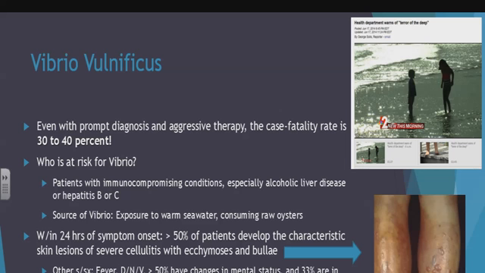Within 24 hours of symptom onset, so that's one day, greater than 50% of patients get this characteristic skin lesion of severe cellulitis. It looks like this. Other symptoms would include fever, nausea, vomiting, diarrhea, and then over half of them have changes in mental status. This is how severe it is, they're not even able to really communicate as much anymore.